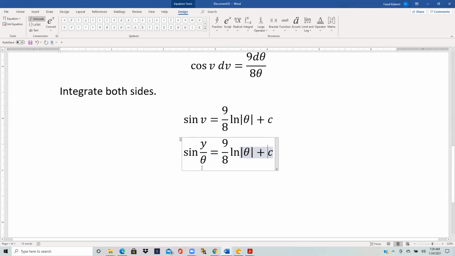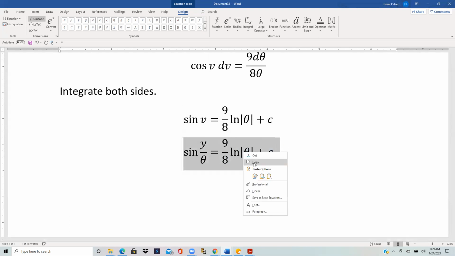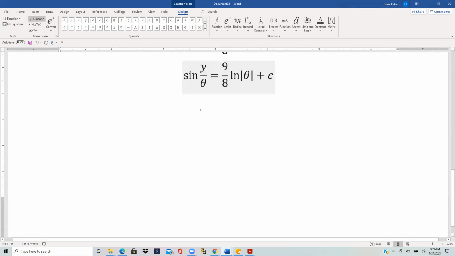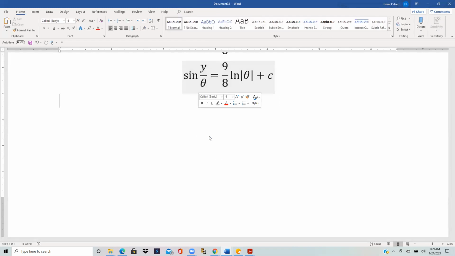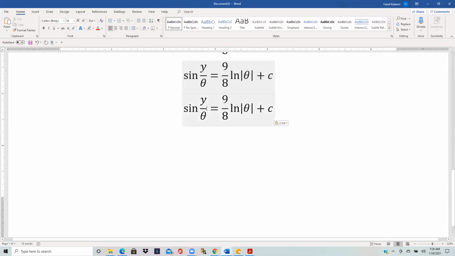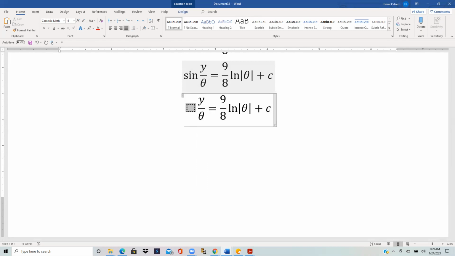So when you solve this for y, you first take the inverse sine of both sides. And you will get y over theta will be the inverse sine of all the right hand side.